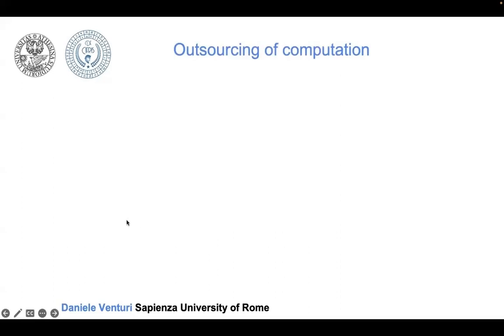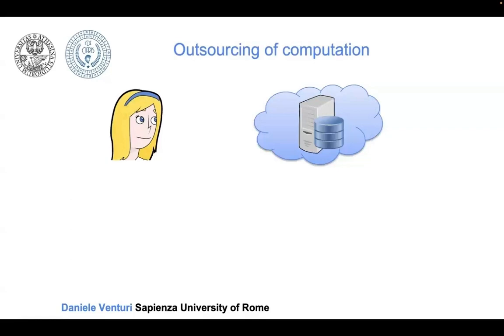Let me give you such an application, an example where fully homomorphic encryption comes in handy. This is the problem of outsourcing of computation. You have Alice, and Alice runs some small computational device, like a smartphone. She doesn't have much computational power, and she would like to compute some complicated function of her input x, that is, f of x.